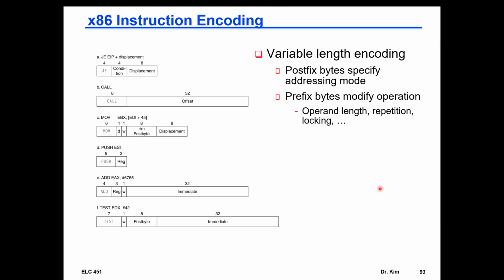In ARM, they are all 32 bits. We know that we have to get 32 bits, period. Here, we have instructions that are a byte, or we have instructions that are 48 bits.